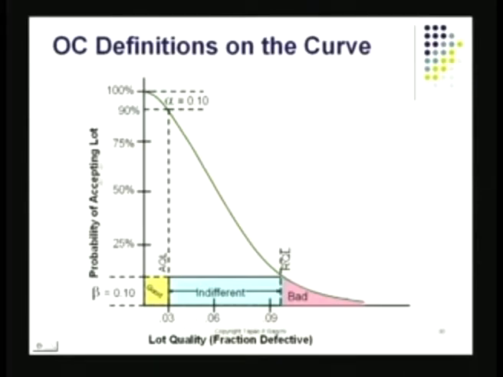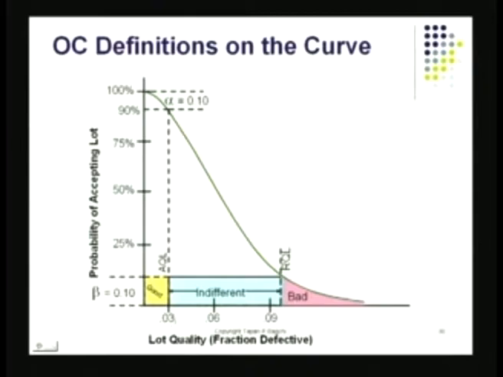And on the y-axis, I've got PA, the probability of accepting the lot, that is big PA. Now notice something. I, as a user of the sampling plan, would like to have a high PA when my lot quality is near AQL, and let's pretend here that AQL is 3%.